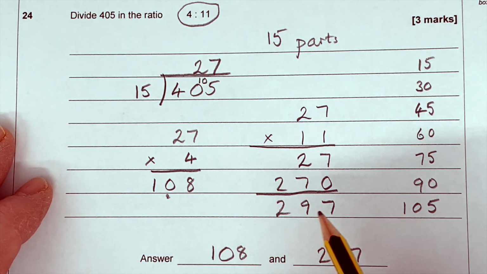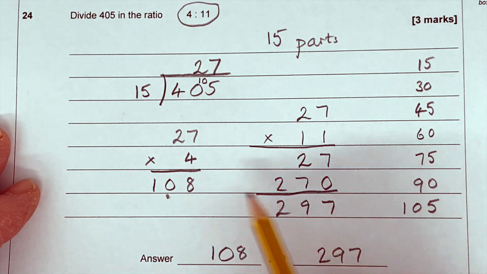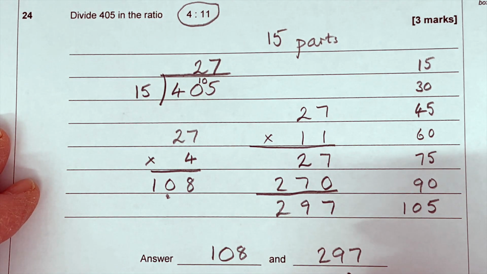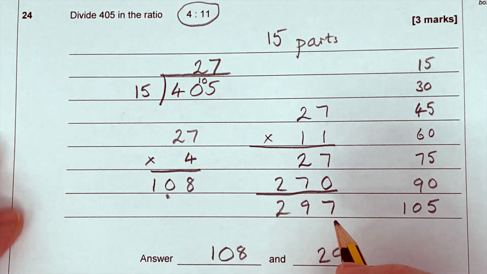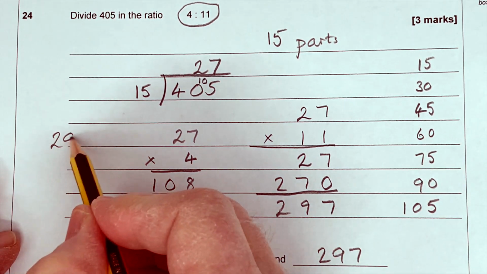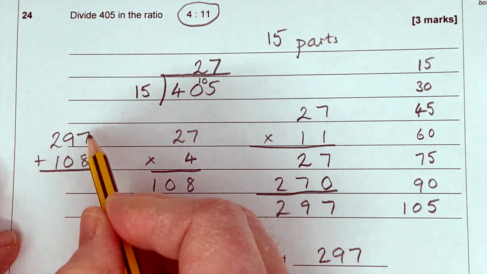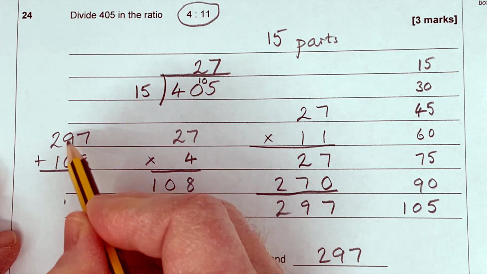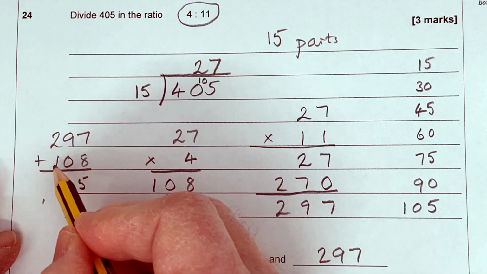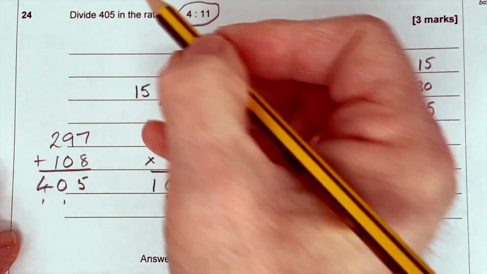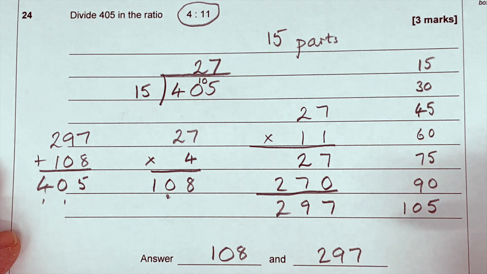Now, just out of interest, a way of checking this, if you add those two together, you should get back to 405. I haven't got much space, but I'll do it over here. 297, add 108. 7 add 8 is 15. 9 add 1 is 10. 2, 3, 4. We're back to our 405, which is as it should be. So we know that's right.